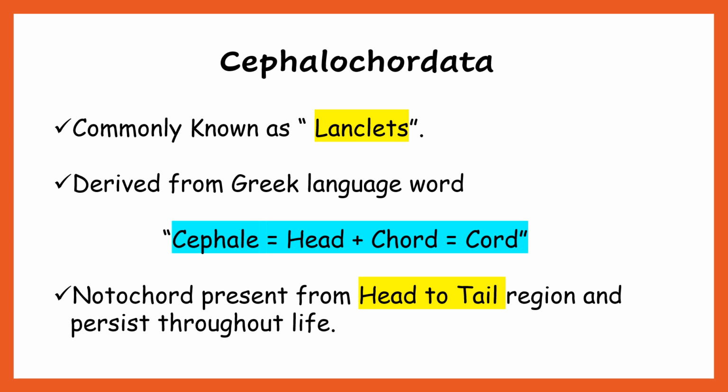Cephalochordates are also commonly known as lancelets, and this word cephalochordata is itself derived from Greek words, a combination of two words, cephale, which means head, and chord, which means cord. So what is the meaning of cephalochordata? That is, notochord present from head to tail region and persisting throughout life.